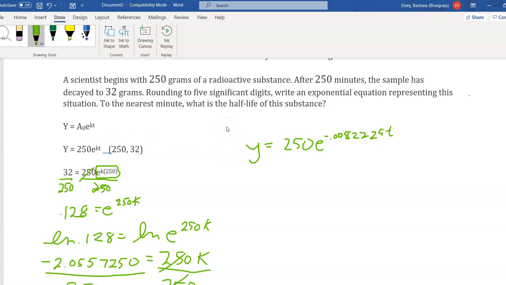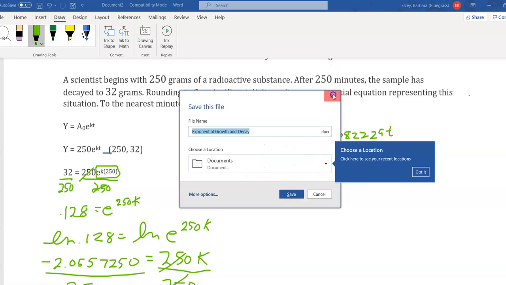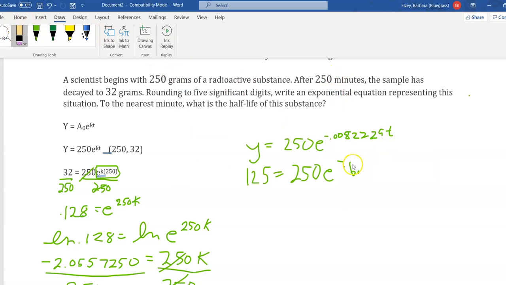All right, so now it's asking, what is the half-life of this substance? So half of 250 would mean that it decays to 125 grams. So we put 125 over here. So now we're going to solve this thing to find out what t is.